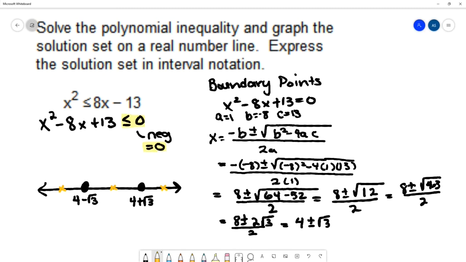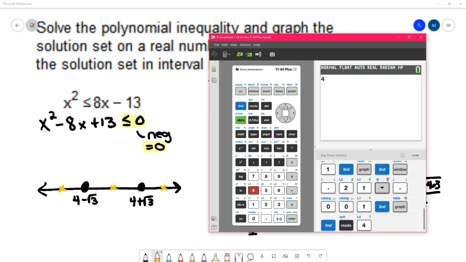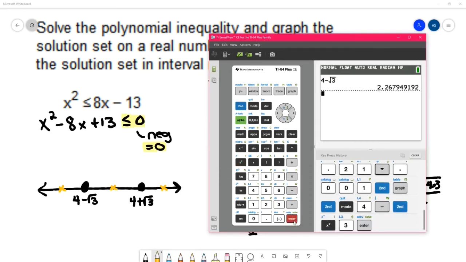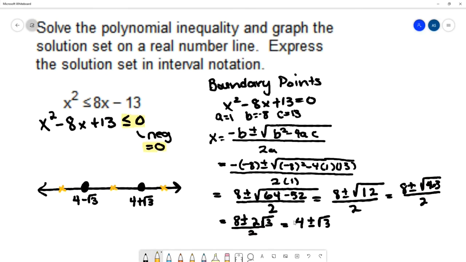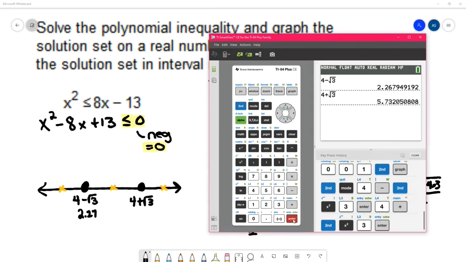Before I can choose points, it would be helpful if I knew what 4 minus square root of 3 is and 4 plus square root of 3 is. Otherwise, I'm just guessing. So let's, in the calculator, write 4 minus square root of 3. That's 2.27. And 4 plus square root of 3 is 5.7.